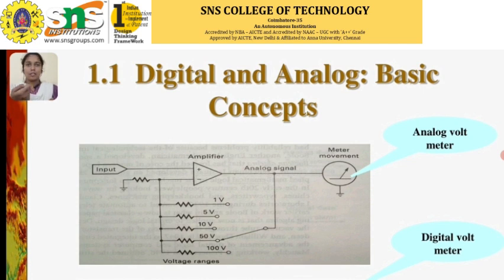Analog systems require precise components to maintain signal fidelity, making them prone to errors and less suitable for applications needing high accuracy or data storage. So these are all the basic concepts of analog system.